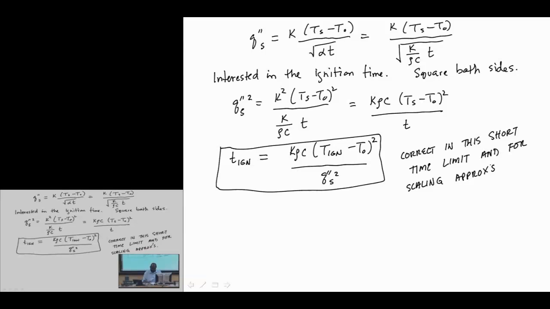In the actual solution, without scaling, using the full solution, we would have had a pi over 4 here. So the pi over 4 factor, which is 0.8, 0.75 something, is the correction associated with actually solving the differential equation.